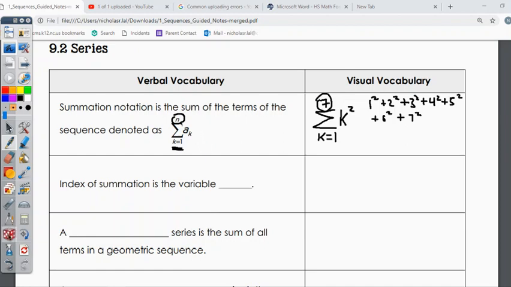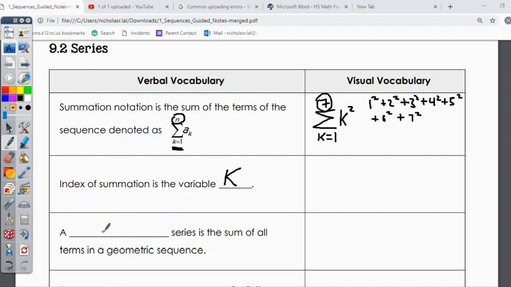All right, so let's make sure we're focusing on the material here. So the index of summation, that's just a fancy way of saying that's the k value. That's all that's saying, this is the number that you start at.